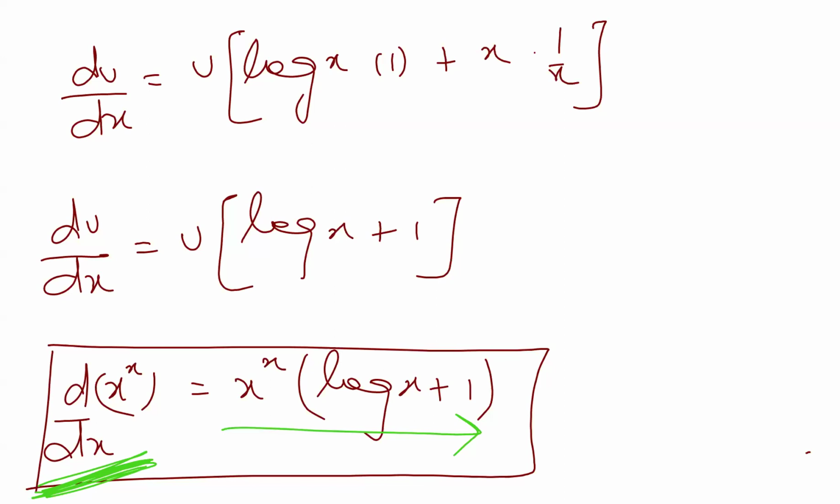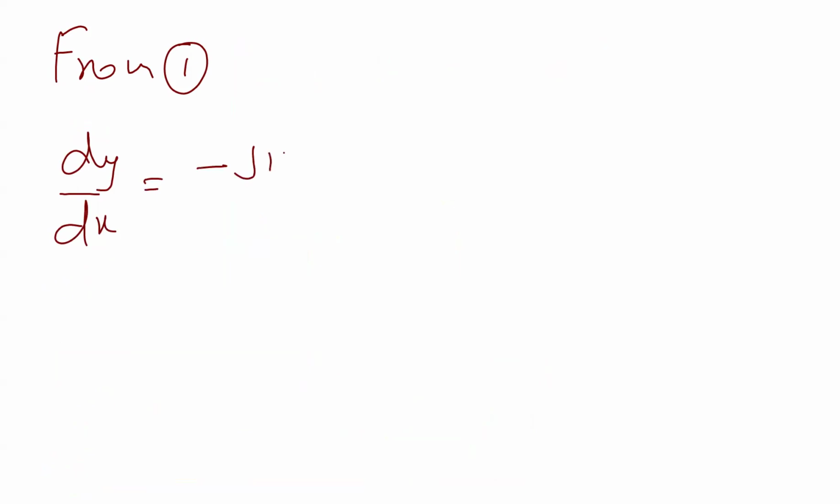So the next step will be from 1: dy by dx is equal to minus sine x raised to x into x raised to x into log x plus 1.